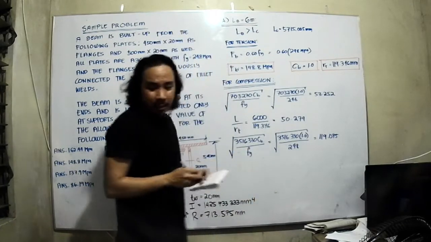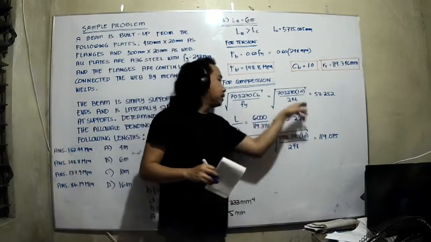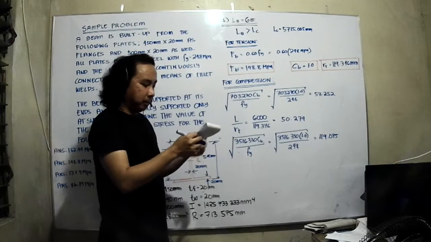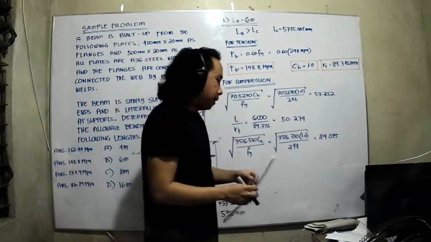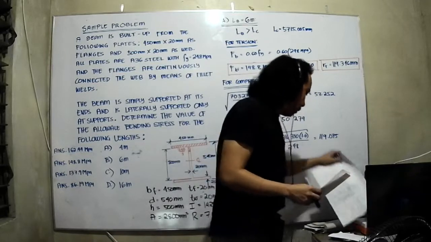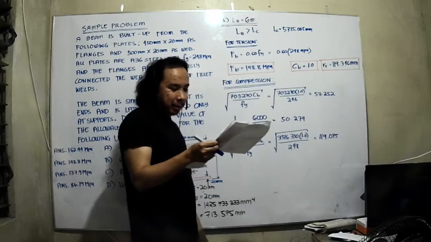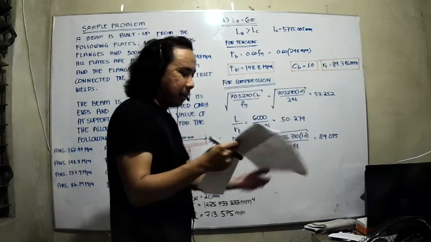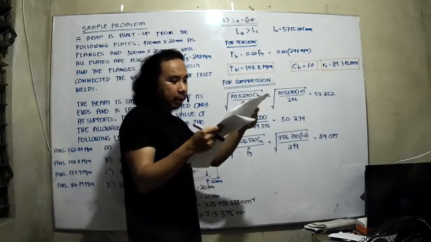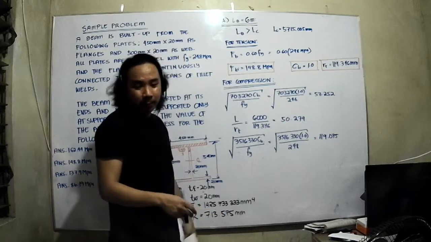Now, we can immediately see that our L over RT is less than 53.252. So where does it fall under? Although I did not include it in our guide, it falls under the same category, the in-between case.